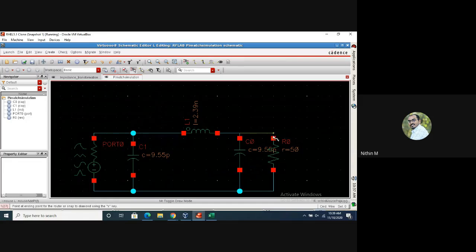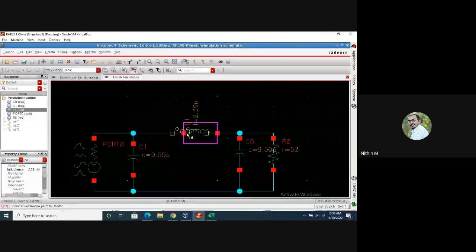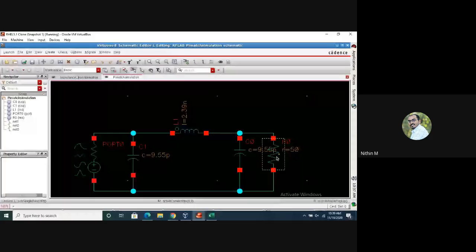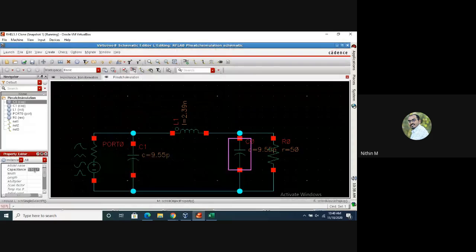All right, so this is your schematic, but I need to change the values here. This is 50. What was the capacitance C2 value? Can I get the value in the chat box?